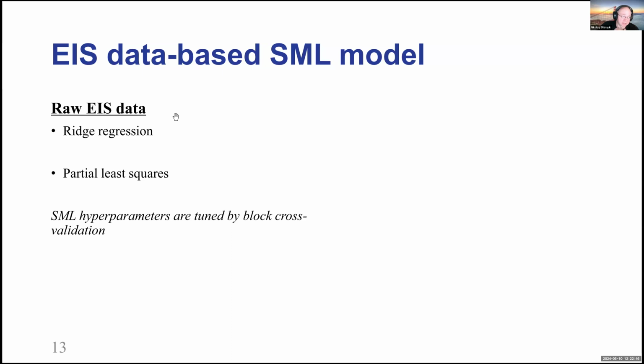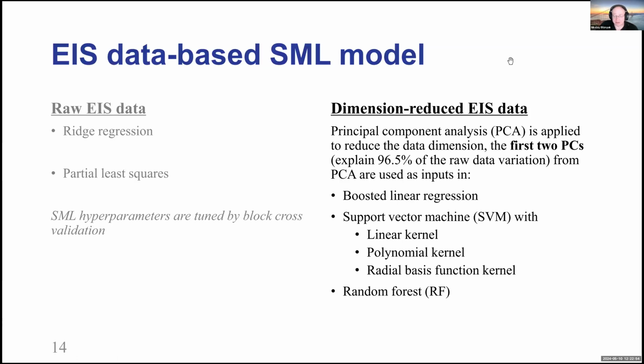One can do this automatically using techniques such as ridge regression or partial least squares, or one can first explicitly carry out the dimension reduction, and then work with the dimension reduced data. Here we use principal components analysis. Interestingly, the first two principal components explain more than 96% of variation in the data.